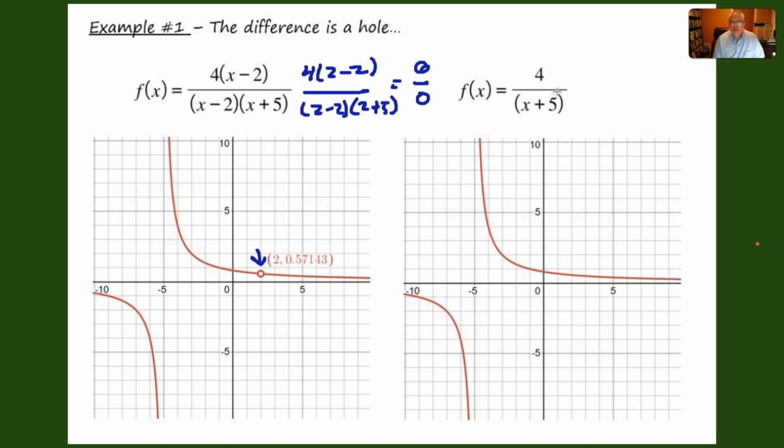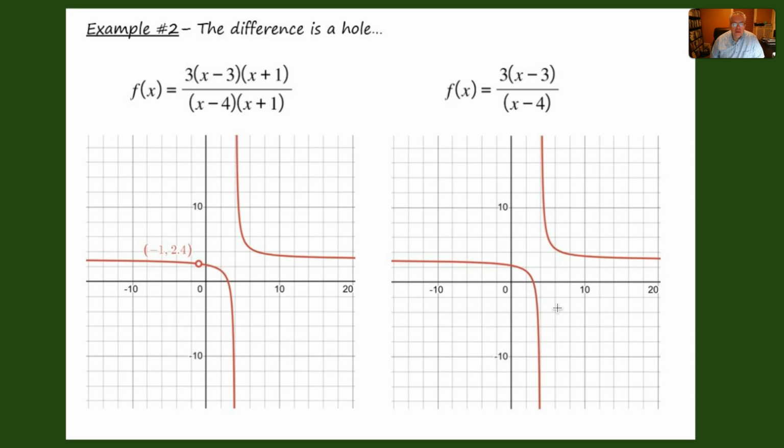It's completely identical to this graph, which is defined at 2, except at that point, all right? So at 2, this one exists. It's actually 4 over 2 plus 5, which is 4/7. So this function has a hole where this function has a point there.